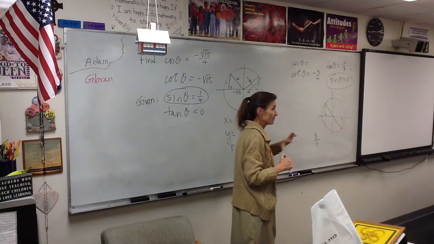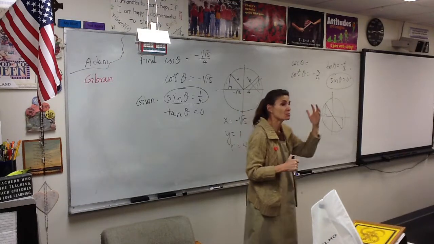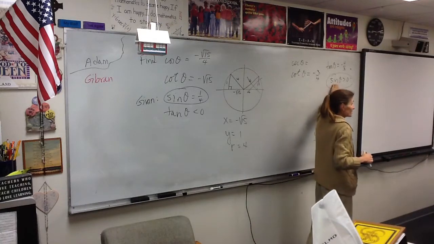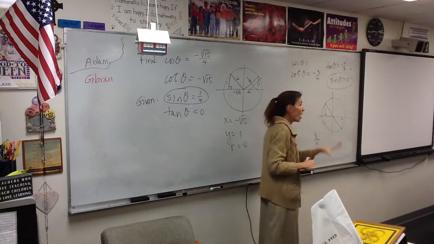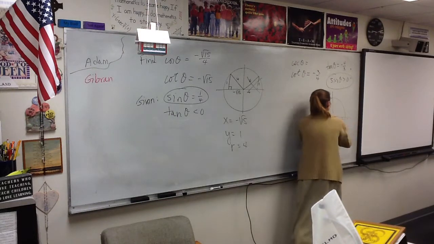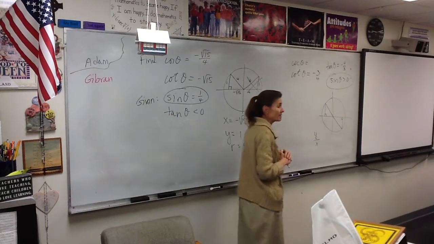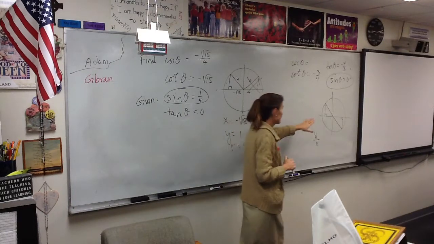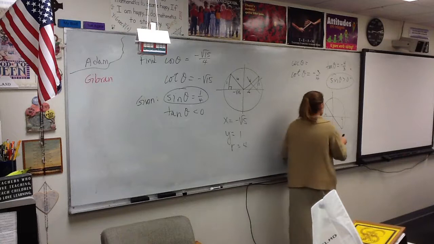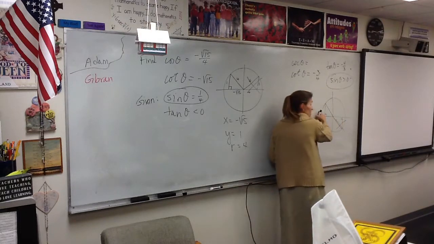X or y? Y. Sine is associated with y. Sine is y over r, right? If you want sine to be positive, then y has to be positive. Of these two options, which has a positive y? This one does. So this is not going to be the answer. This is going to be where I look.